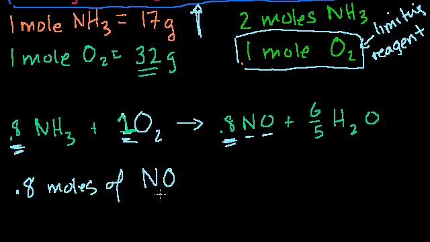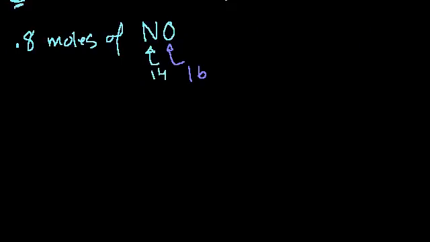What's the molecular mass of nitrogen monoxide? Nitrogen is 14 atomic mass units, and oxygen is 16. We've done that before, but you can confirm here.